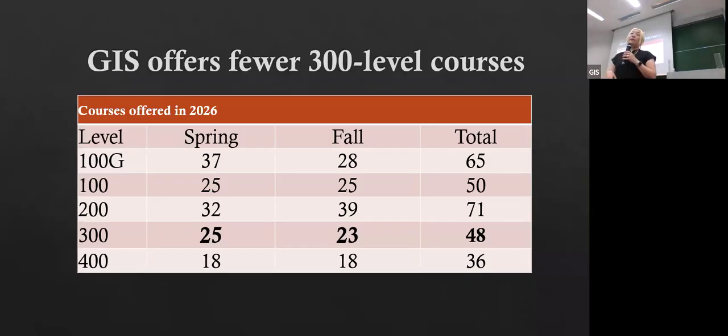But anyway, because of that, the competition is going to be really hard. And so even though you wish you would be able to take 10 300-level courses in the spring, with the selection, with the number of courses available, you won't be able to plan that ahead of time.